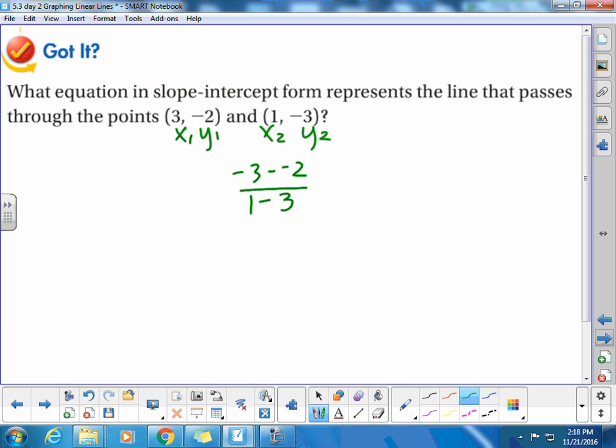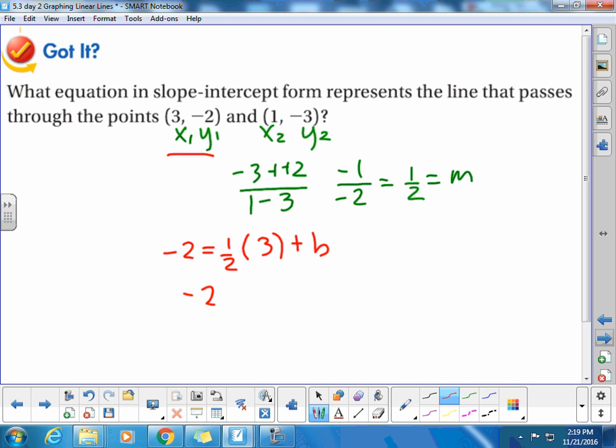So you have y2 minus y1, which is negative 3 minus negative 2, which is that. 1 minus 3, this is just 1/2. So that's my slope. Find my slope. Pick one of the points, either one, it doesn't matter. If I pick this 3, negative 2, y equals mx plus b.